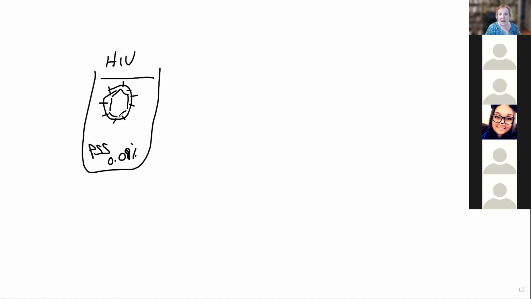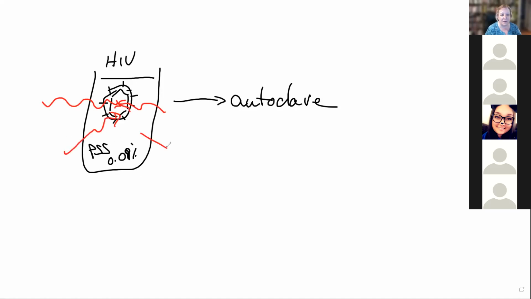But if I stick this in an autoclave, I'm going to be able to inactivate that virus very quickly, because autoclaves work by heat, and the heat is going to be able to get in. There's not much blocking the heat from killing the viruses.